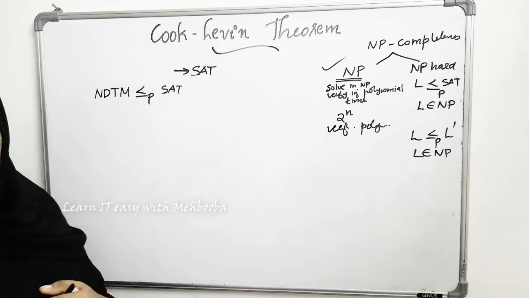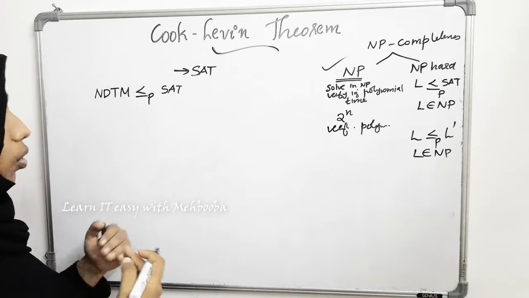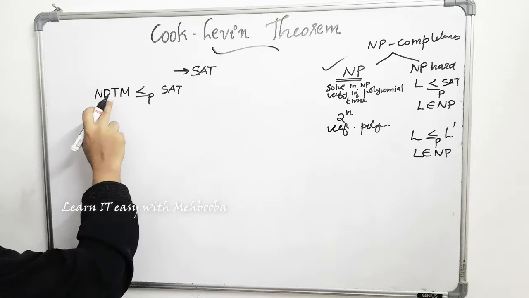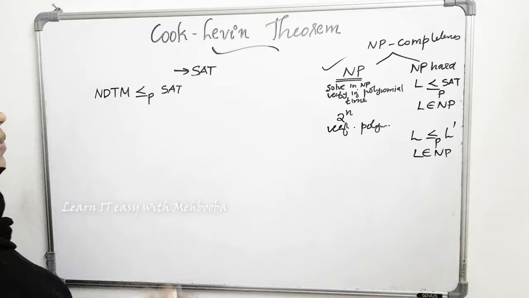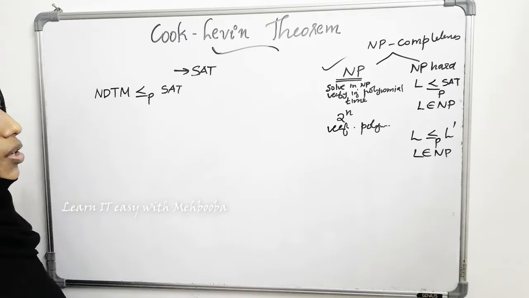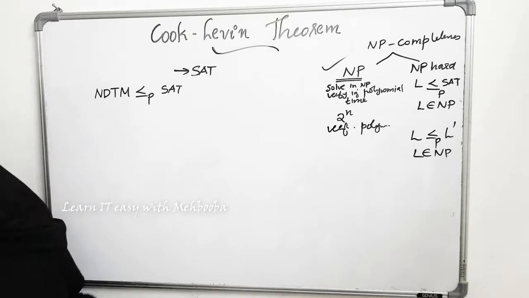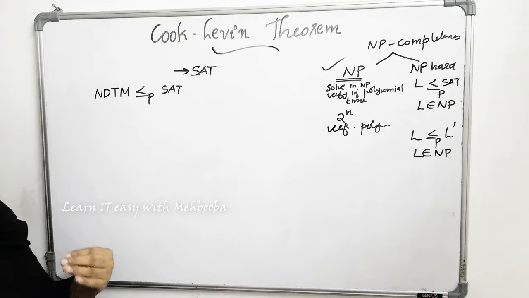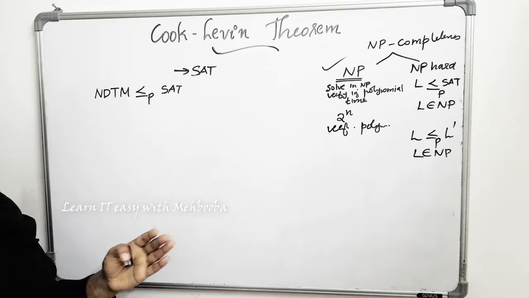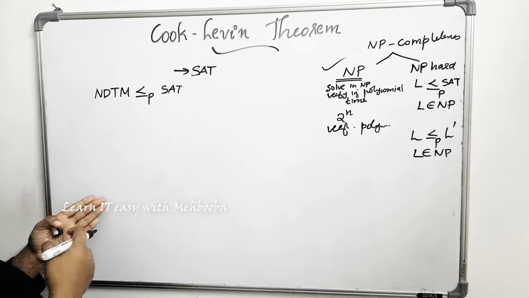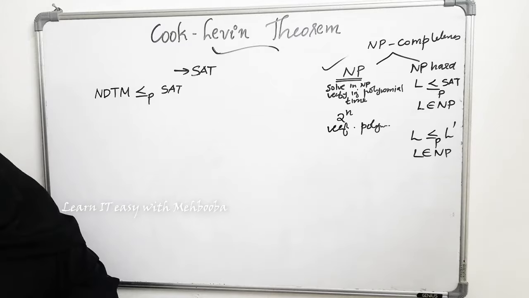So our goal has become so concise now. What we need is to convert and reduce an NDT, a non-deterministic Turing machine, into SAT. So that can be done easily. SAT deals with formulas, and formulas contain variables, but a Turing machine has a totally different format.